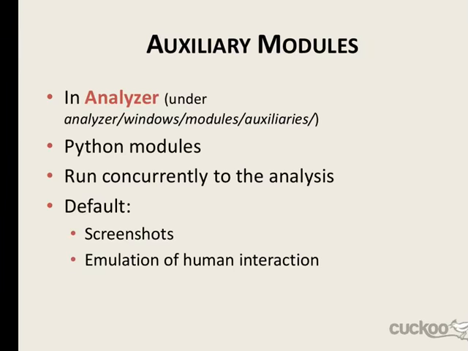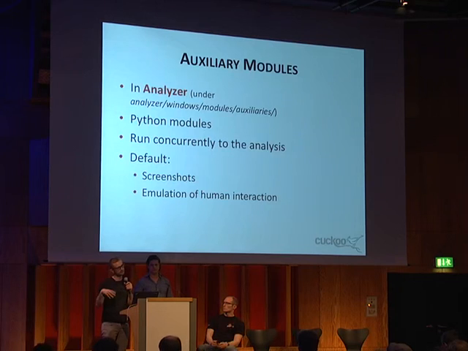And the last one is auxiliary modules, again, but within the virtual machine, not on the host. Again, Python modules, and they are run concurrently to the analysis, but on the virtual machine. By default, we have two modules, one that just takes screenshots of the desktop, and one that tries to emulate human interaction.